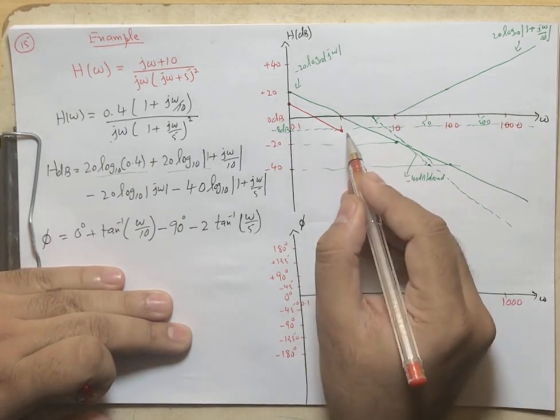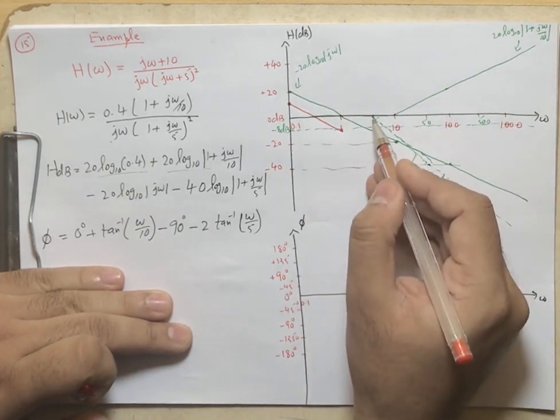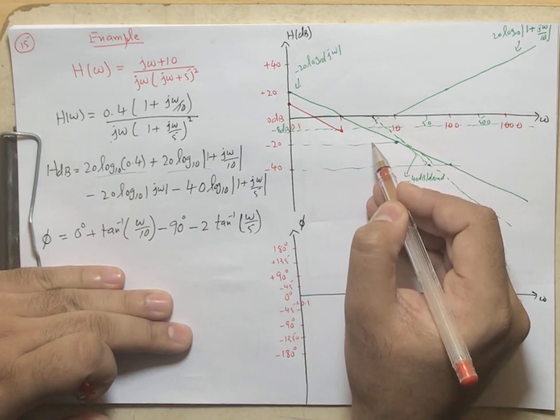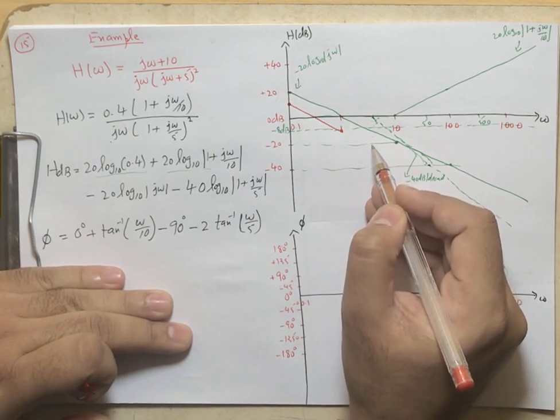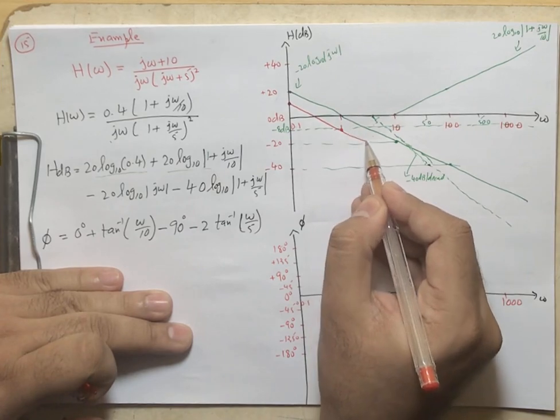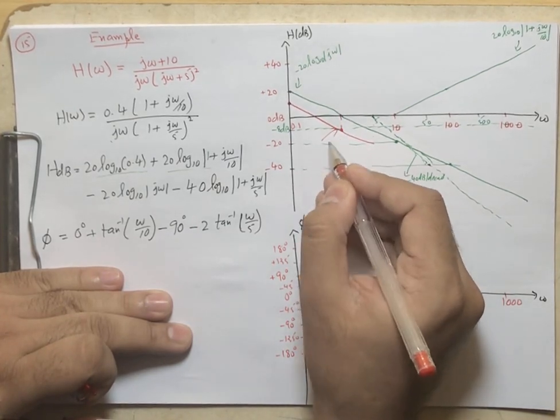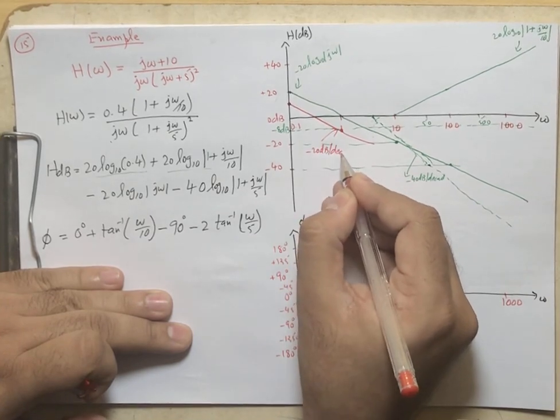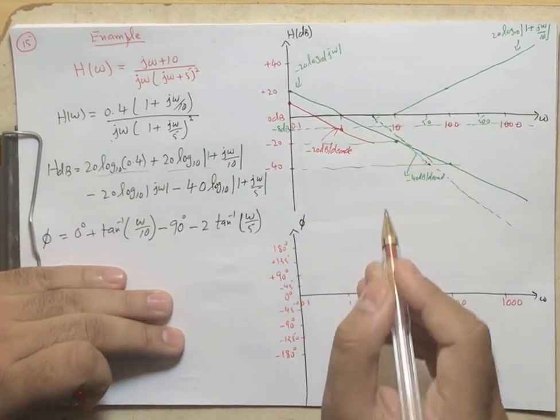Now again it will keep going down until 5, which will be minus 20 dB. So the slope of this whole line will remain at minus 20 dB per decade until 5.